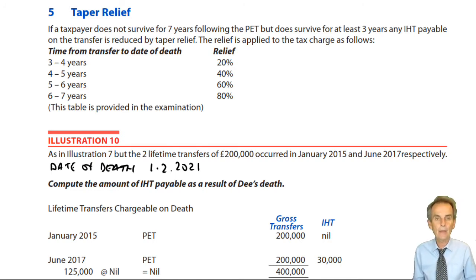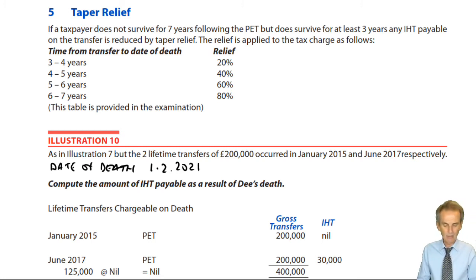However, if that PET, though within 7 years of the date of death, and therefore chargeable on death, is more than 3 years from the date of death, though less than 7, then although tax is to be paid in relation to it, any tax charge itself may be reduced by taper relief.